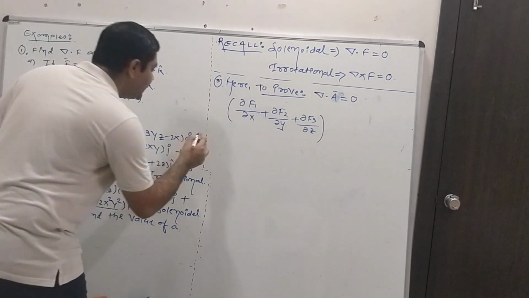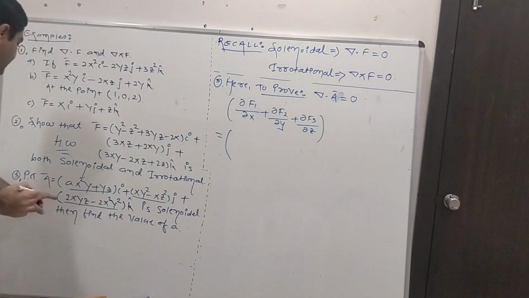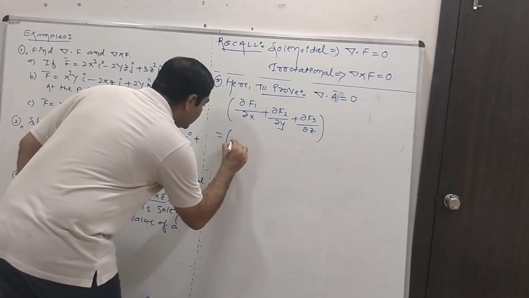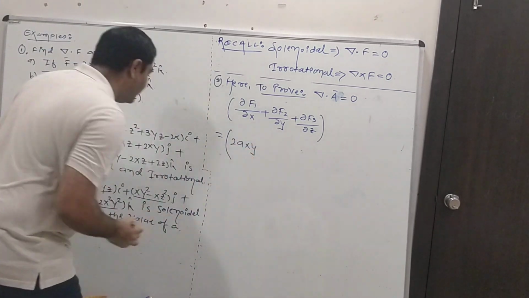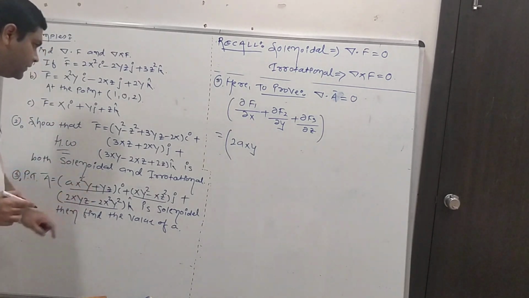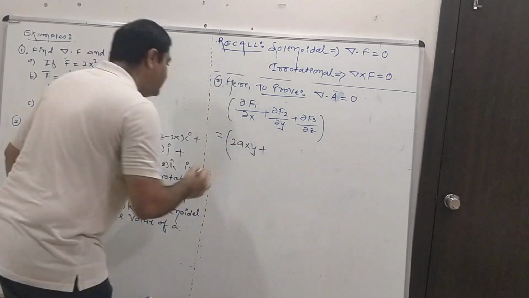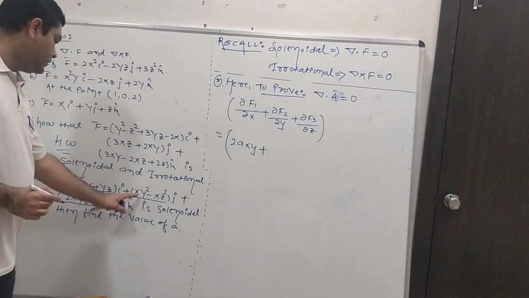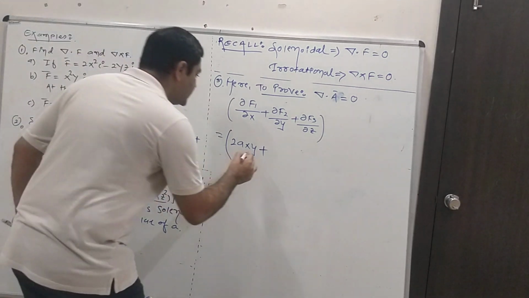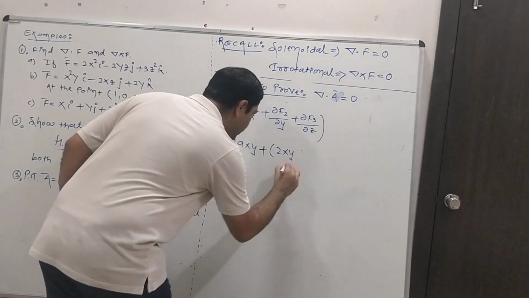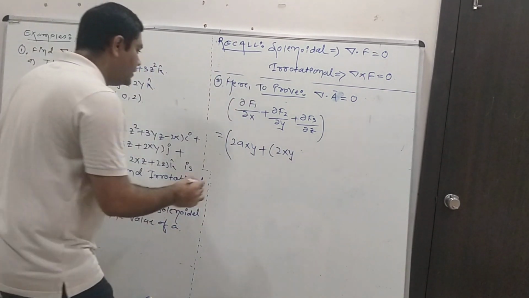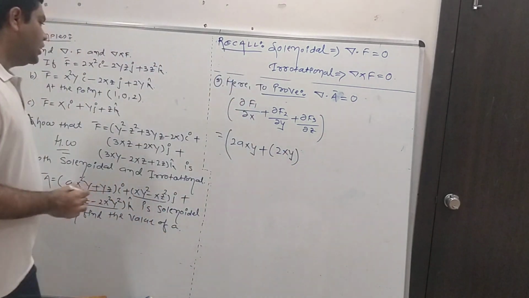So I am finding it directly. With respect to x, x square gives 2x. So 2axy; yz has no x, so this term becomes 0. Then plus, with respect to y, y square gives 2y, so it is 2xy; minus, with respect to y there is no y, so this bracket is over.